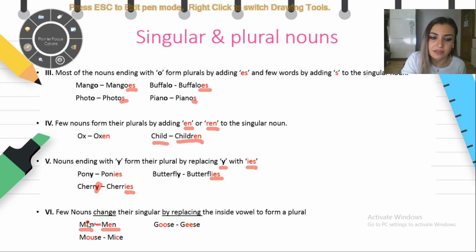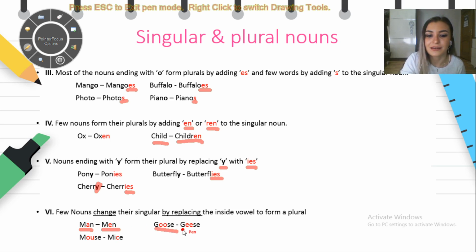Here we see that the vowel A is replaced with the vowel E in plural. Okay, A, E. So man, men. It sounds the same. It looks the same, but it's not the same. So you are going to see the difference in the written form.